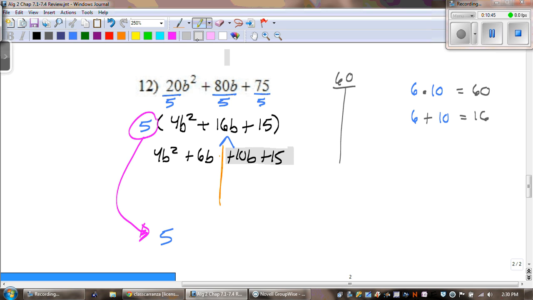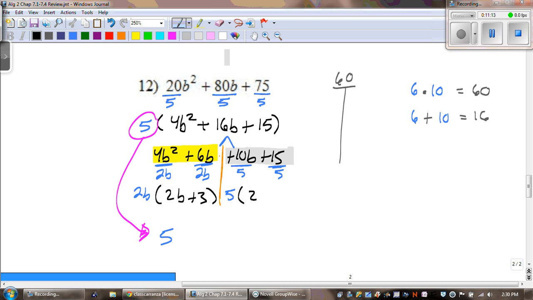And then we have our two groups. Okay, the GCF of the first group is 2b. So the 2b comes out front, and we're left with 2b plus 3. And then what's the GCF of the back? I got a 5.